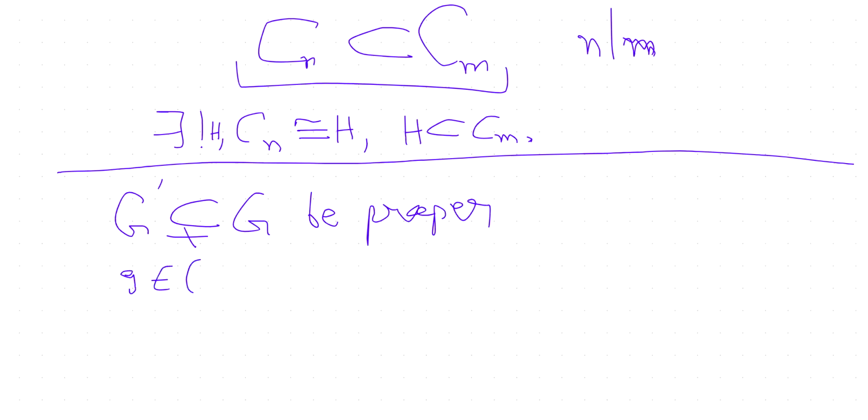So this g, let's say, comes from some CP^N, capital N. And we can take the smallest such n, n chosen to be the smallest.